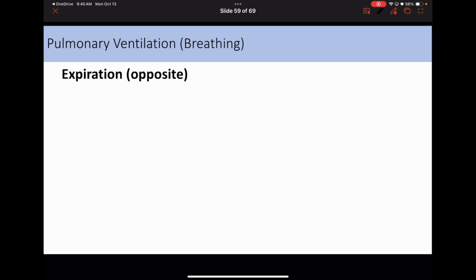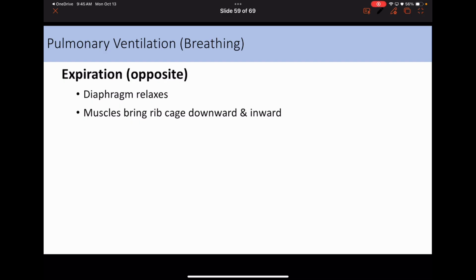For expiration, which is the opposite, the diaphragm is going to relax. The muscles, which are still the external intercostals, are now going to relax to bring the rib cage downward and inward. This causes the chest cavity and lung volume to decrease, which causes the intrapulmonary pressure to be greater than the atmospheric pressure.